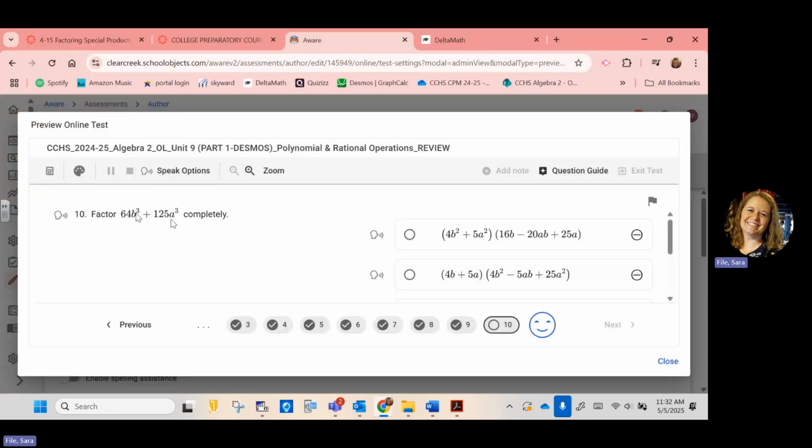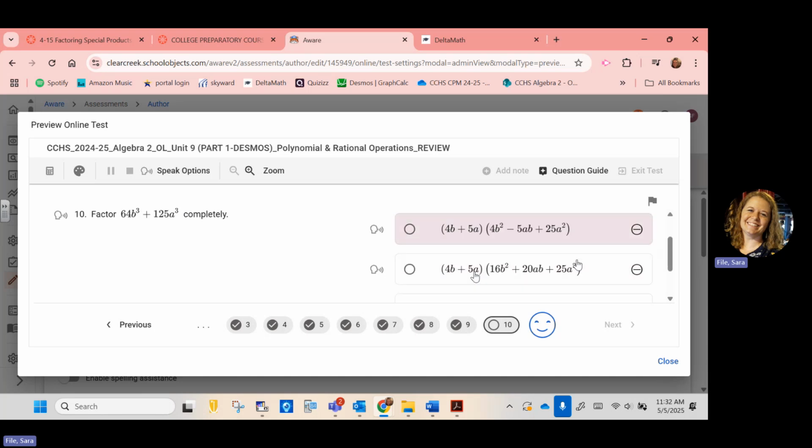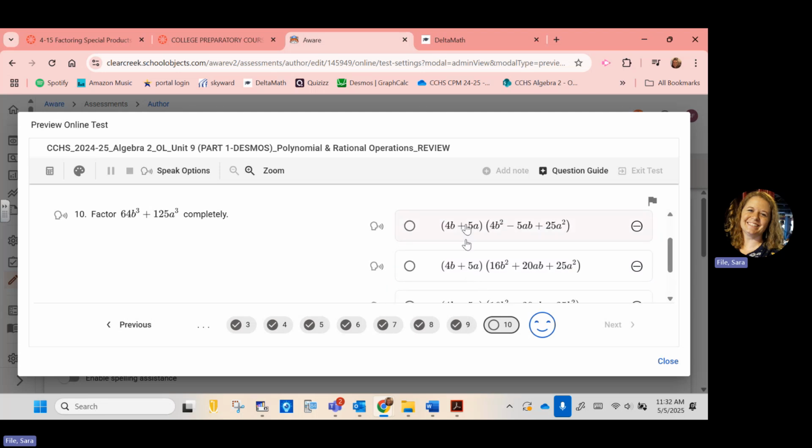Okay, so the cube root of these, and on the reference sheet that I gave y'all that has these formulas, it also has a list of the perfect cubes. So 64's cube root is 4. So it should be 4b plus, and then the cube root of 125 is 5. So then it should be 5a. So it should be 4b plus 5a. So this one has those squared, it's out. 4b plus 5a. Okay, so we've narrowed it down to one.